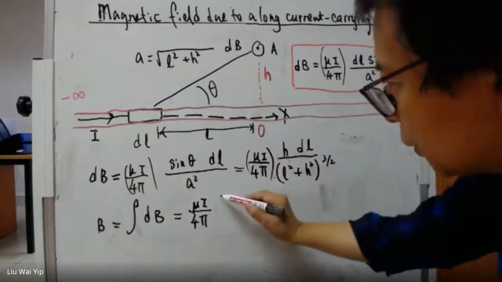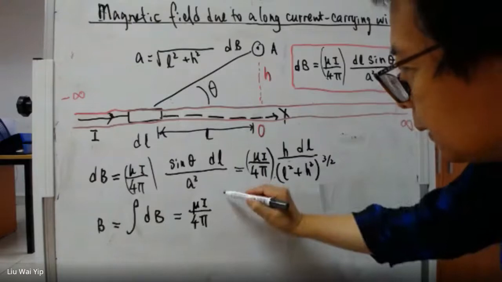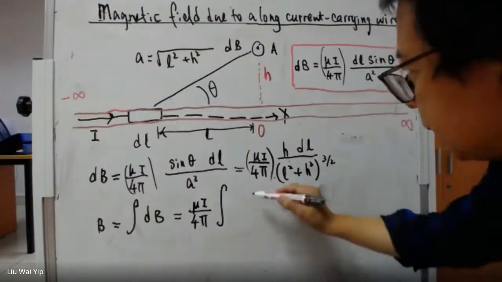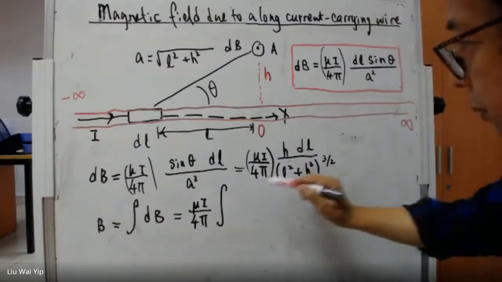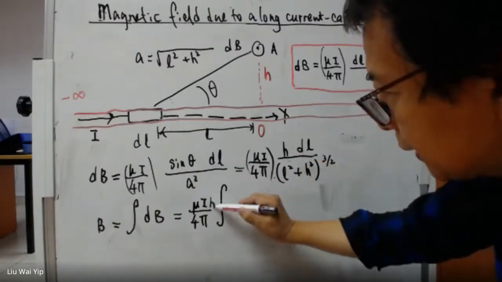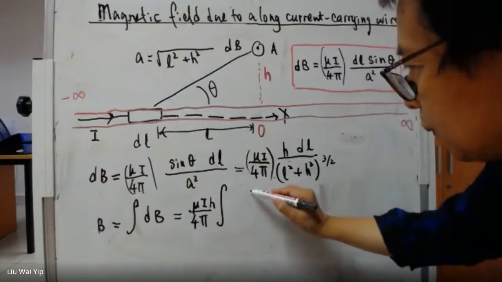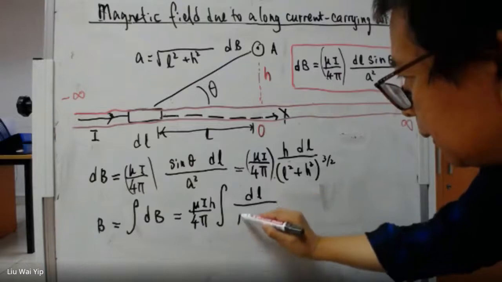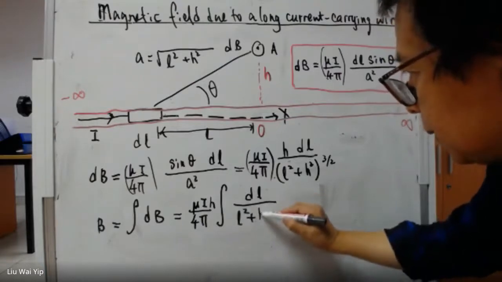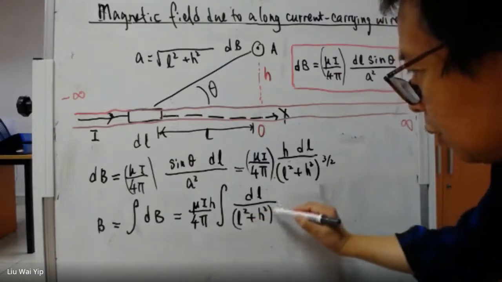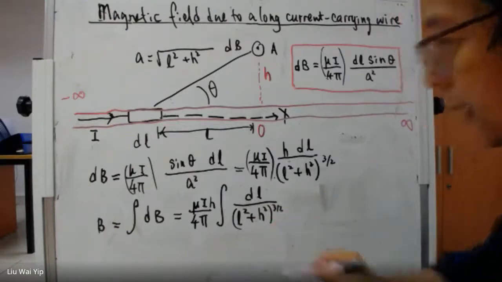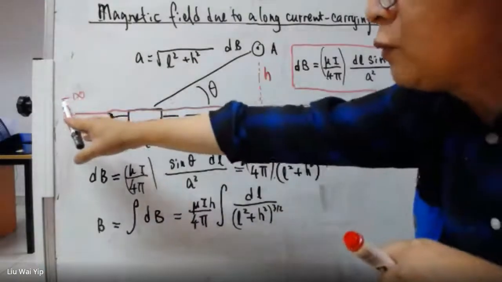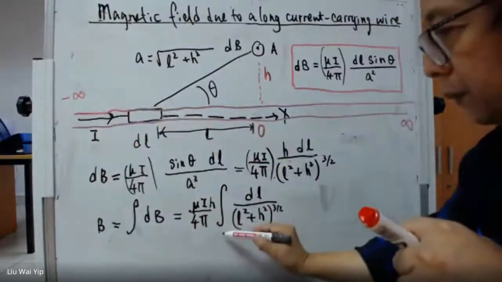I'm not going to go through all the stuff. Instead, I just jump a little bit, and perhaps the h can be moved to here as well. So what I got here is dL over L squared plus h squared to the power of 3 divided by 2, and the integral will run from minus infinity to 0.